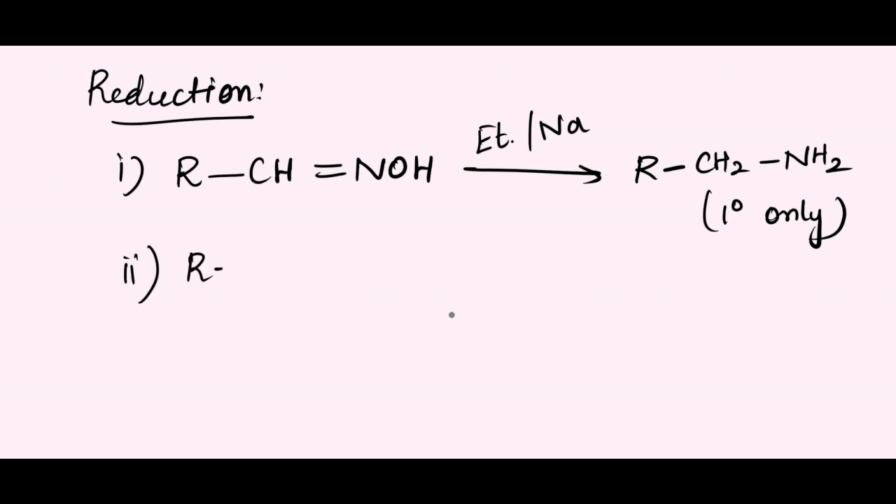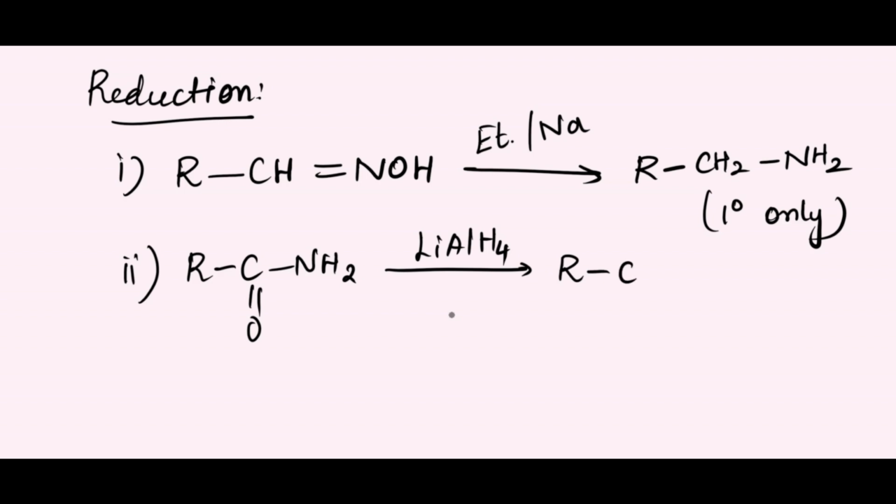If I am reducing the amide, also I can get amines, but the difference in this process is that the CO group becomes CH2 group. Okay, that is the difference between Hofmann bromamide and reduction reaction.